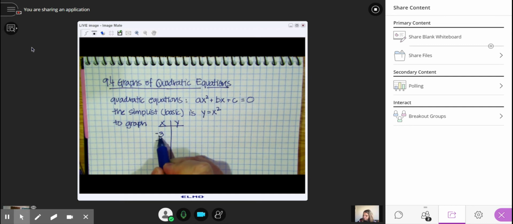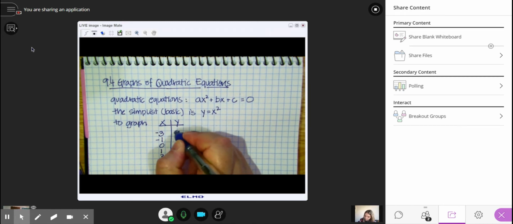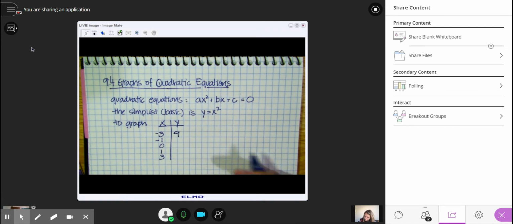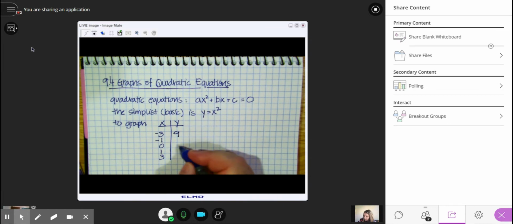So if I let x equal -3, then y would be -3 squared. That's a 9. If I let x be a -1, then y would equal that -1 squared. That's a 1. We have a 0, 0. 1 squared is 1, and 3 squared is 9.